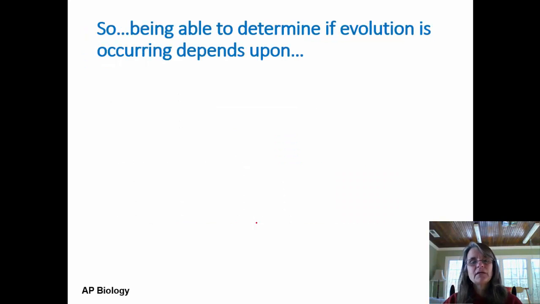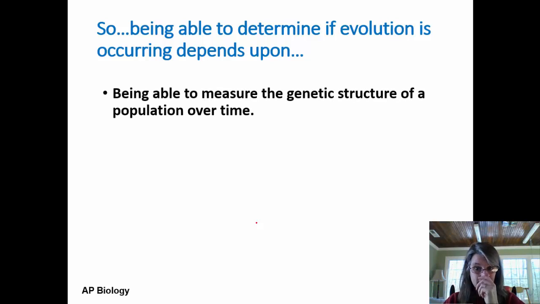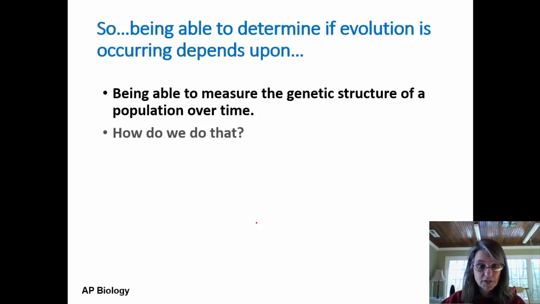So being able to determine if evolution is occurring depends on being able to measure this genetic structure of a population, meaning the frequencies of alleles and the frequencies of genotypes in a population over time from point A to point B. So how do we do that?